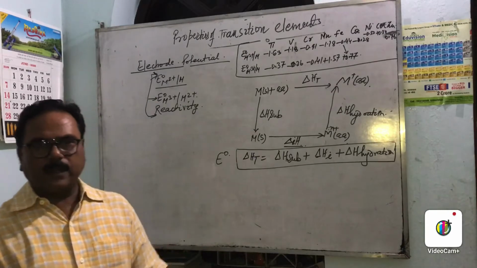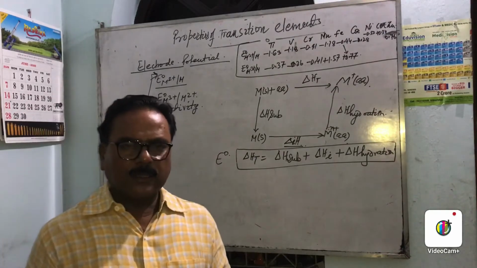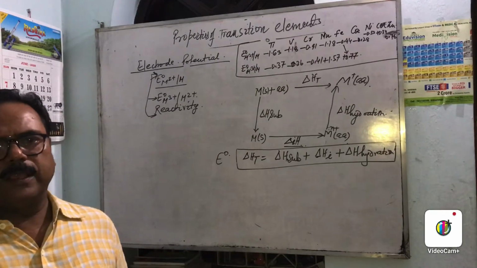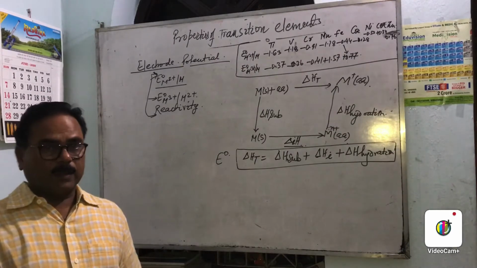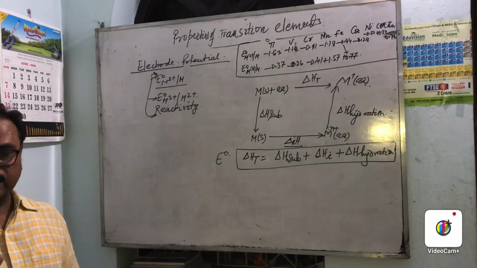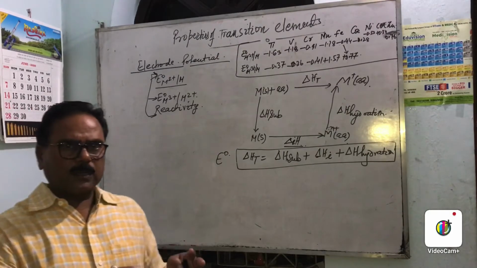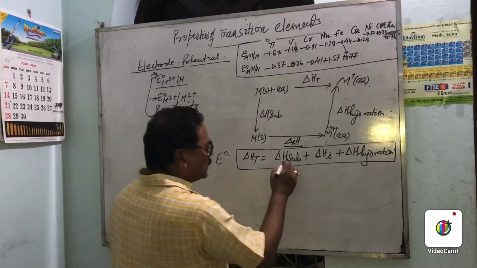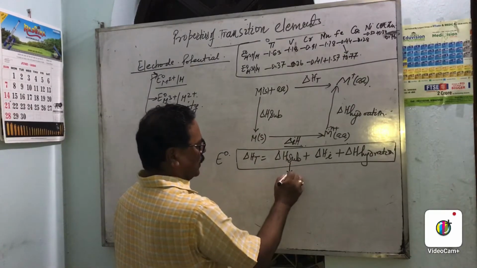What is the standard condition? We take the solution of 1 M, the temperature kept at 298 Kelvin, and the pressure 1 atmosphere.